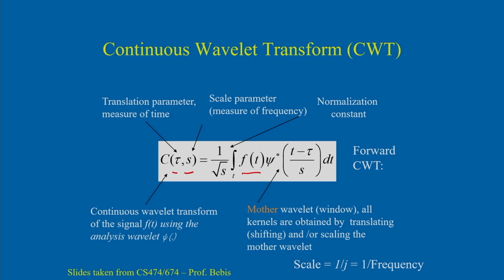This expression is for the continuous wavelet transformation of the signal f(t), and I am considering the kernel, the mother wavelet psi((t minus tau) divided by s). So this is the definition of the continuous wavelet transformation.